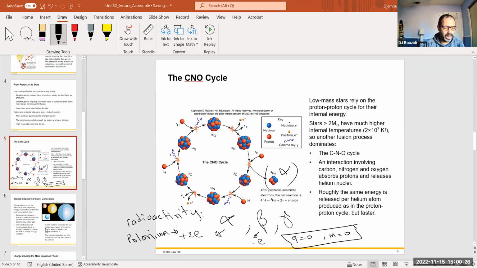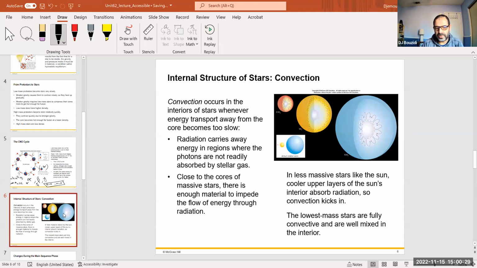Again, in terms of internal structures, consider a low mass star, an average star like the sun, and a high mass star. In terms of convection zones, for a low mass star, because of the slow process, the convection zone really dominates. Most of the star is a convection zone, so there is no radiation zone whatsoever.